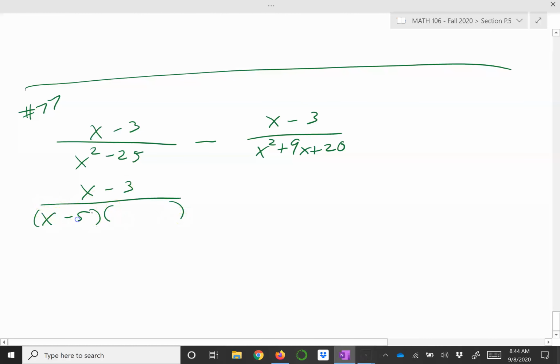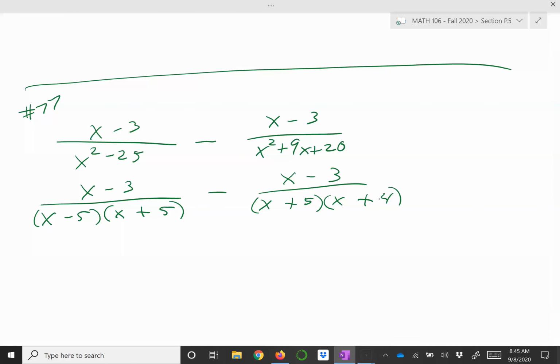It'd be x minus 5, x plus 5. Can't do anything with the x minus 3 in the numerator just yet. So we'll factor this guy here. This one's a pretty simple one, right? X's are there, and then the factors of 20 that could give you a positive 9 are 5 and 4, and then we'll make them both positive. It'll be 5x and 4x is 9x. Okay, so we're fully factored.